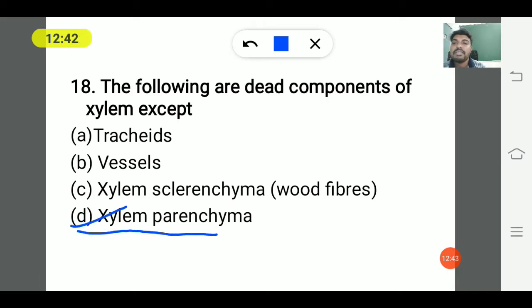Xylem parenchyma consists only of living cells. Xylem sclerenchyma, vessels, tracheids are dead cells due to the lignification of their walls. Lignin is present there, the hardest material. Due to lignification, the protoplasm becomes absent, hence they are dead cells. Xylem parenchyma has only living cells.